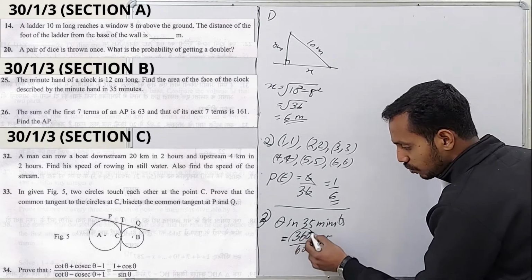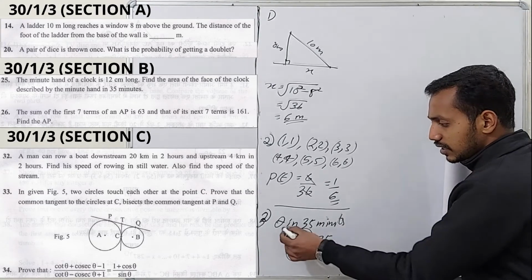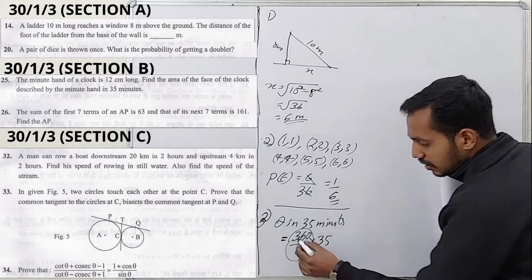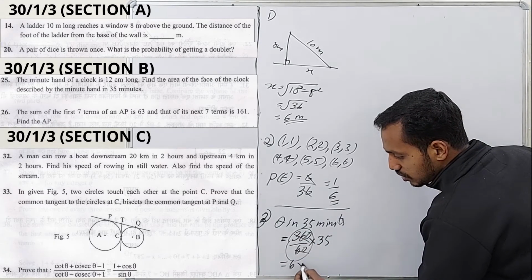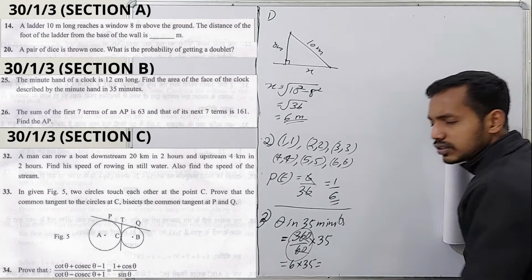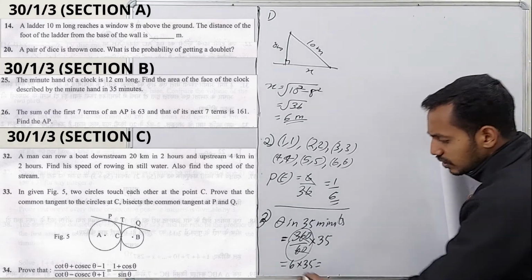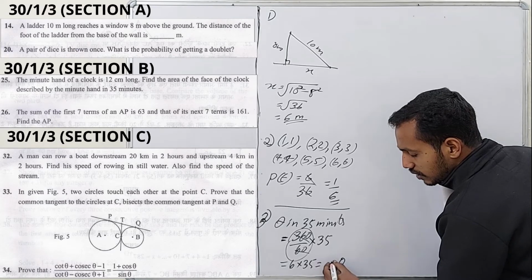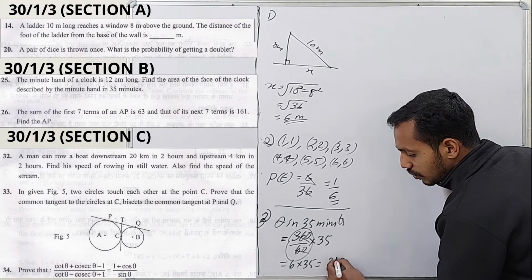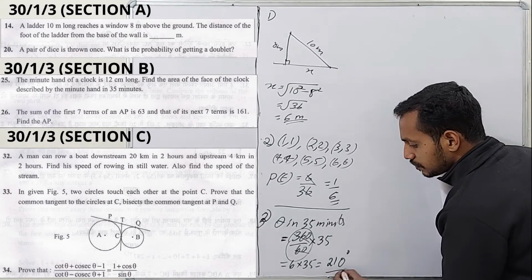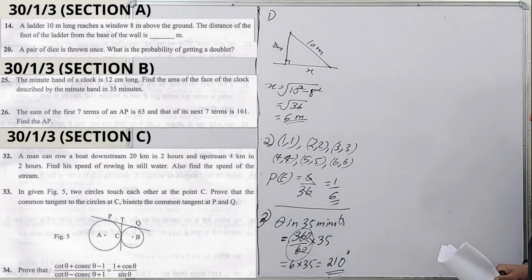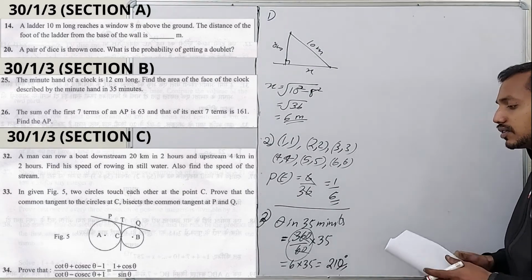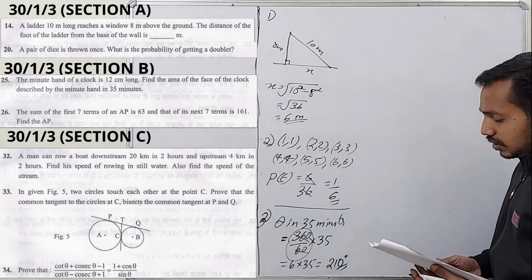This is the angle swept in 1 minute into 35. We will get the angle swept in 35 minutes. This is equal to 6 into 35. 6 into 35, what will we get? 6 into 5 is 30, and 6 into 3 is 18, 18 plus 3 is 21, so 210. Okay. So here, the angle of the sector we got is 210.